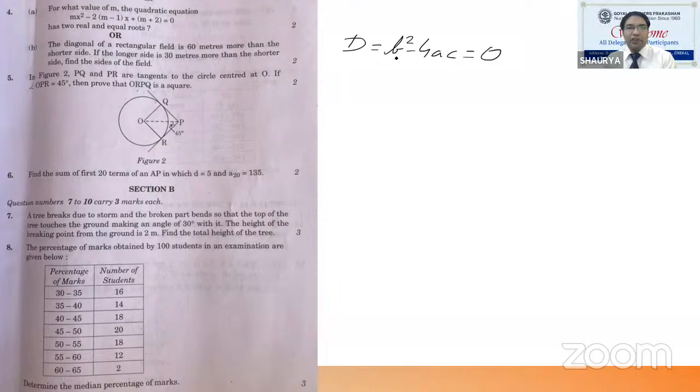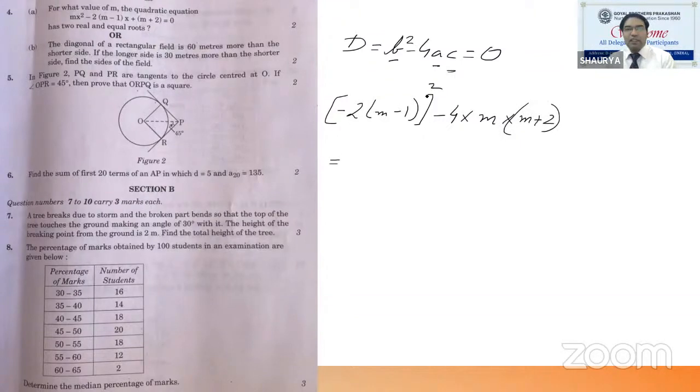So we simply need to put in the values of b, a, and c in this. So b from here is minus 2 m minus 1 whole square minus 4 times a, which is m, and the value of c in the given equation is m plus 2. We need to write it within brackets.